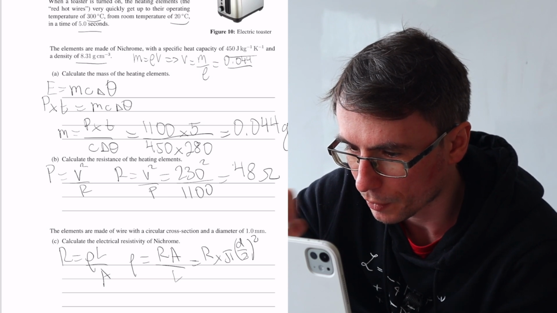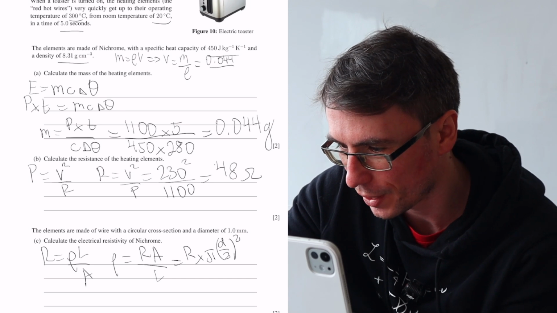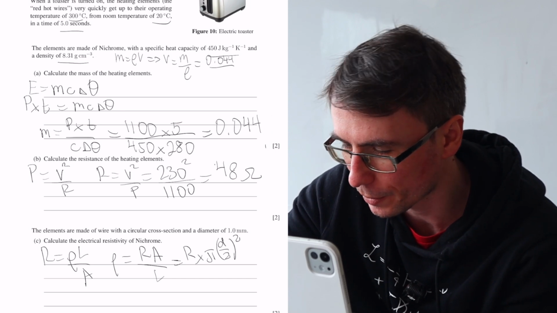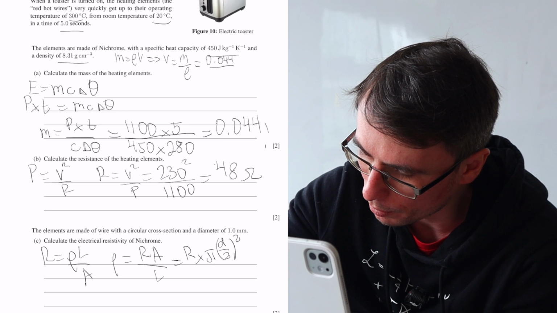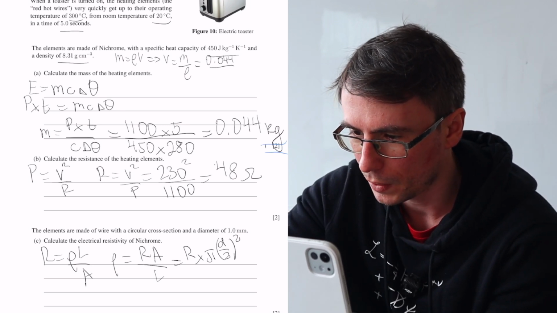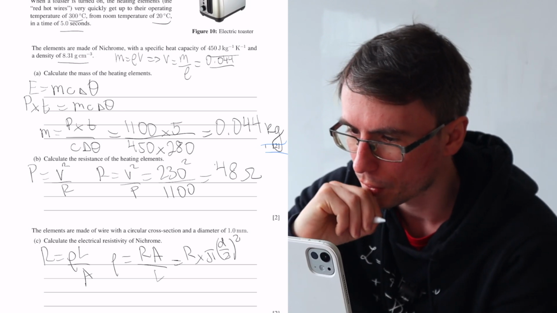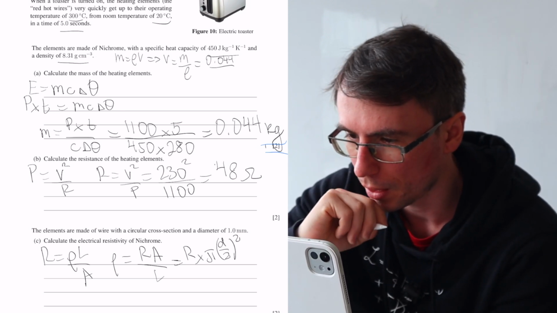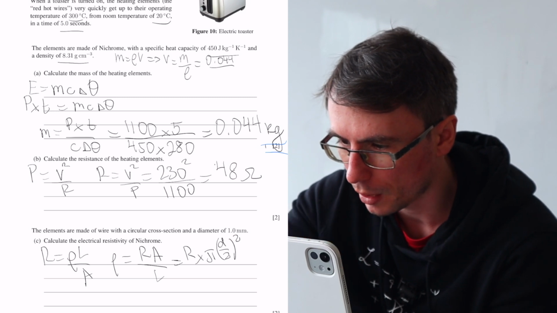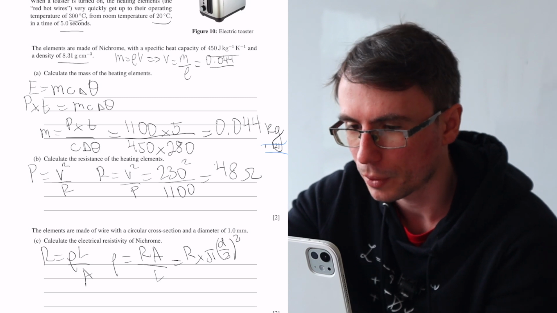Oh, that was in grams, wasn't it? I've just spotted a little mistake over here. I'm not sure why I've left this in grams, but this here should be in kilograms, meaning that this here is actually 4.4 grams.